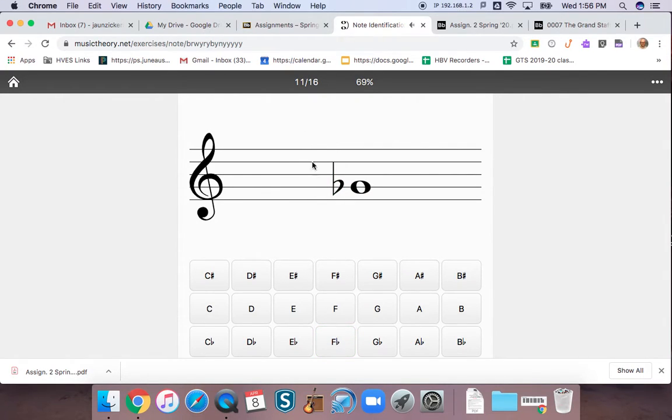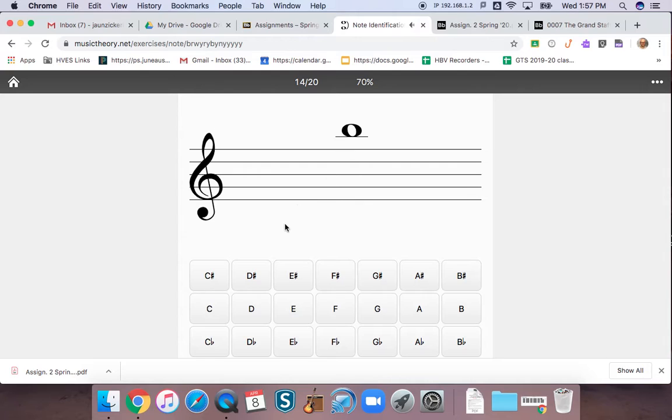Now here's my G clef, and this is right on the G line, and there's a flat sign in front of it, so that's G flat. And here, if I know that the second line is G, and I go backwards down my alphabet, before G is F, that's that space, and then before that is E. So here's an E, and there's a sharp sign in front of it, so this is an E sharp. Okay, there's another F flat, we just had that earlier. So this is how you do this assignment.